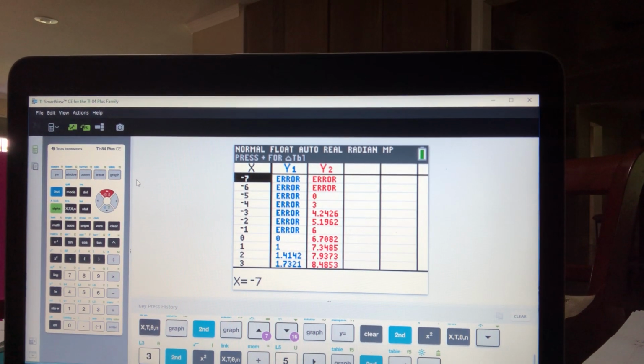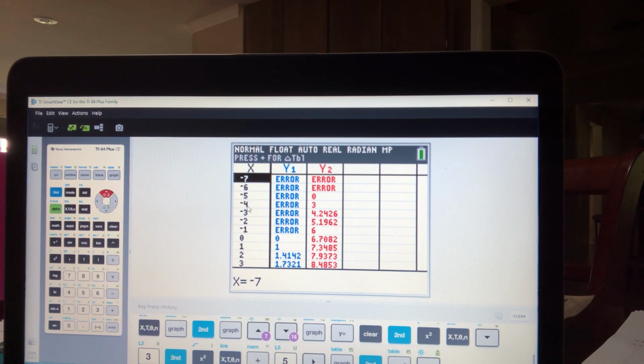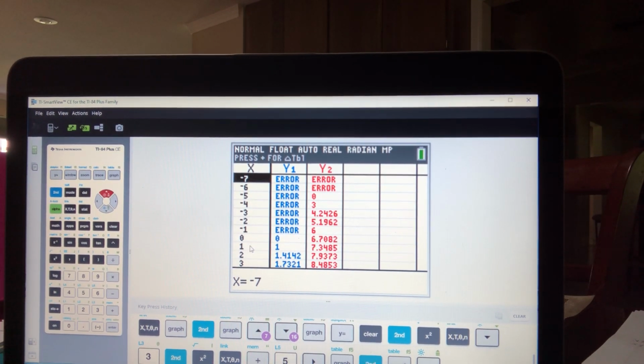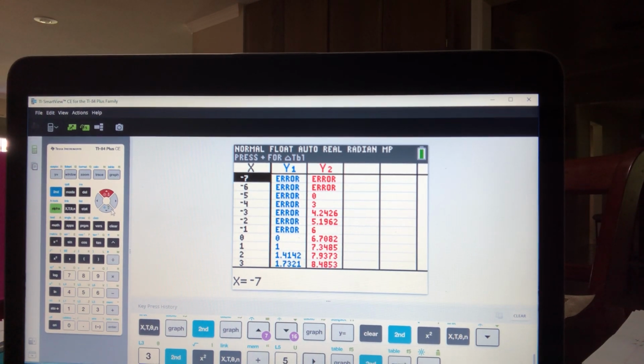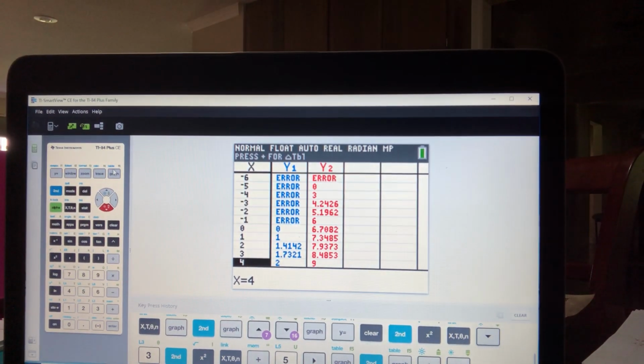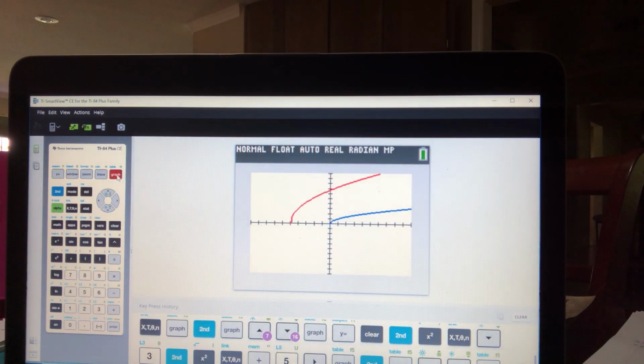So begin the second graph at negative 5, 0, and then negative 4, 3, and then negative 1, 6, and work your way down from there. Let's see if there's anything else. Yeah, 4, 9 would be another one on the second graph. Okay, so when you finish, you will have these two graphs together.